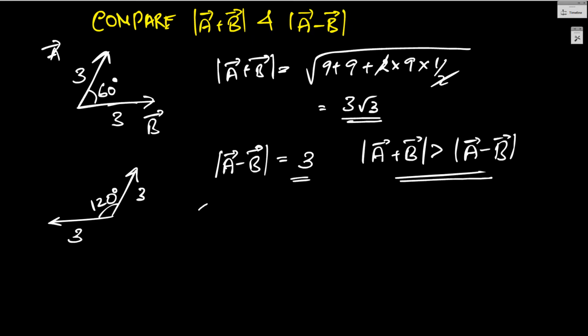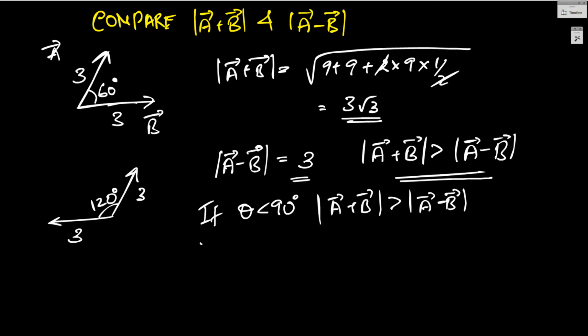So if theta is acute, theta is less than 90 degrees, A plus B will be more than A minus B. Similarly, if theta is more than 90 degrees, that is obtuse, then A plus B is going to be less than A minus B.